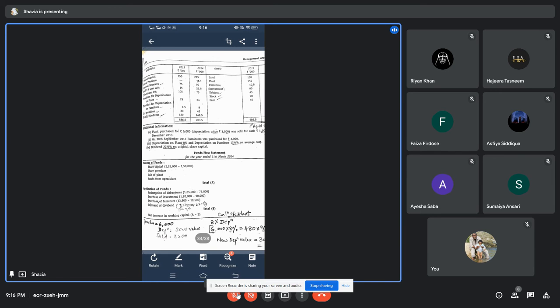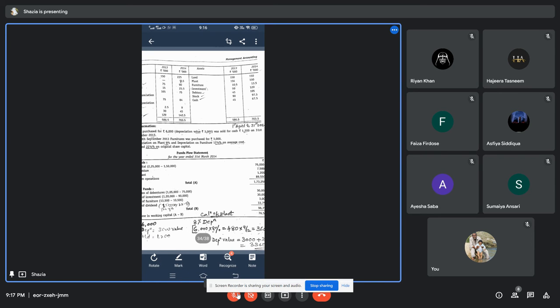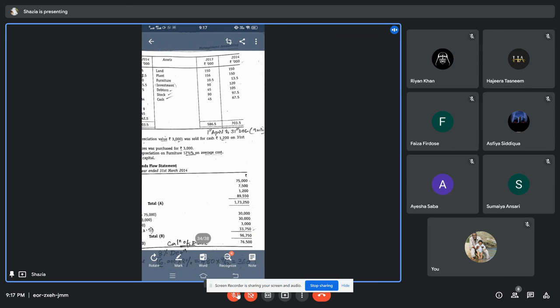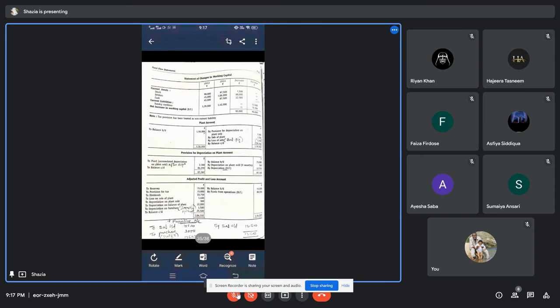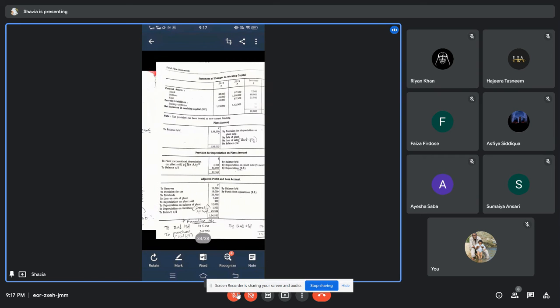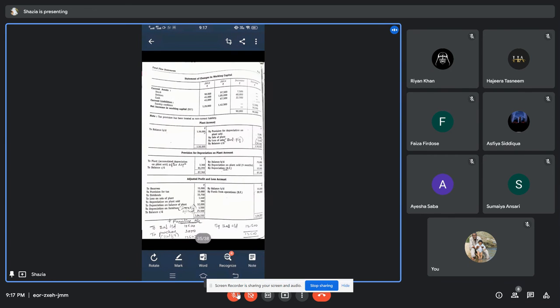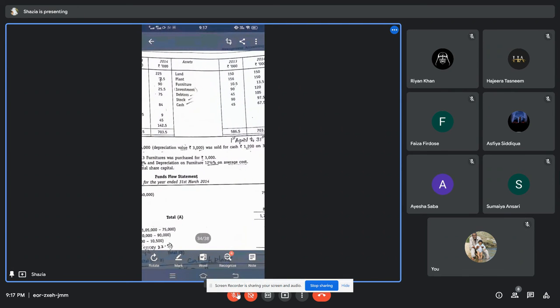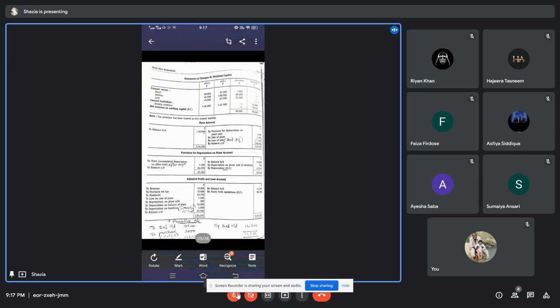Furniture opening and closing we have 1,05,000 and 1,35,000, perhaps, is the value. I have written it in thousands now. Is it in thousands? Okay, so it is 10,500 here. Land, how much did we take? Plant we have taken for 1,56,000.